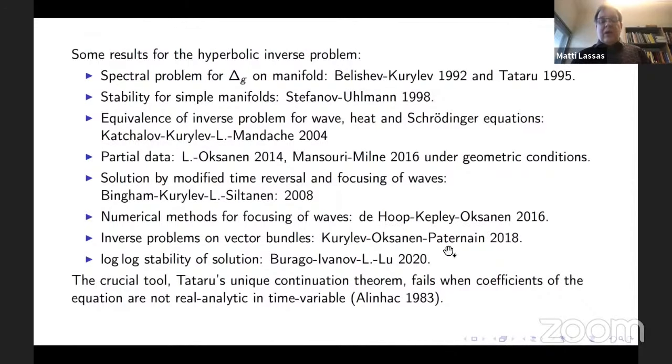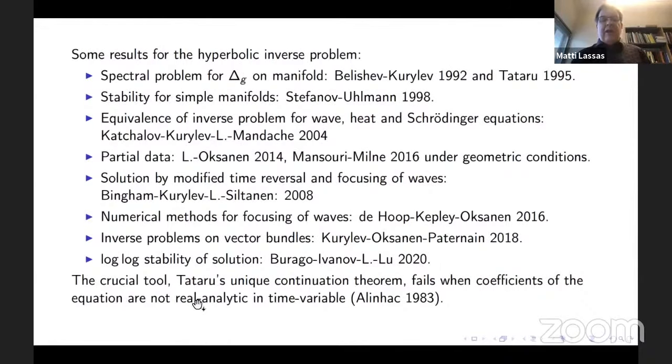There are two difficulties. One is that this problem has a very unstable solution. Just very recently, with Burago, Ivanov and Lu, we showed that this problem is log-log stable, so extremely bad stability. The other thing is that the main tool, Tataru's unique continuation theorem, fails. There are counterexamples when coefficients are not real analytic functions in time.